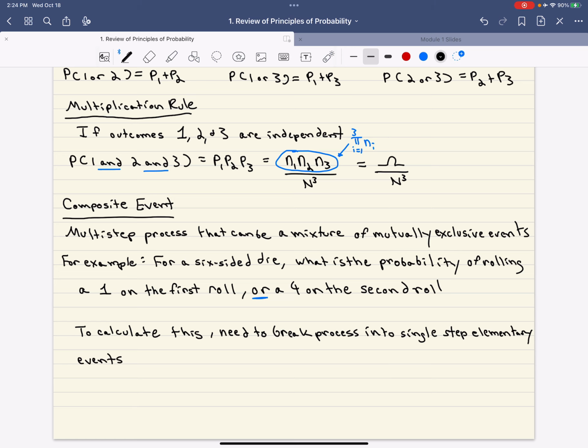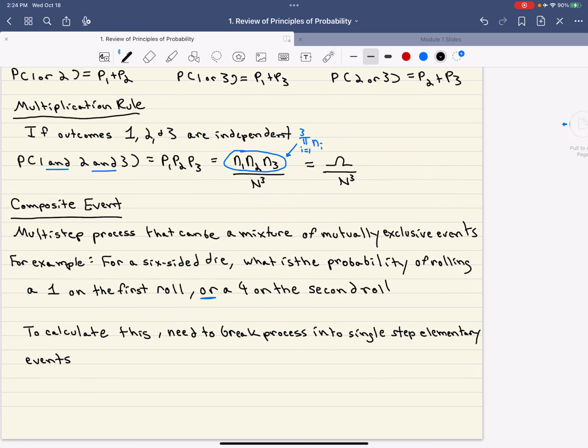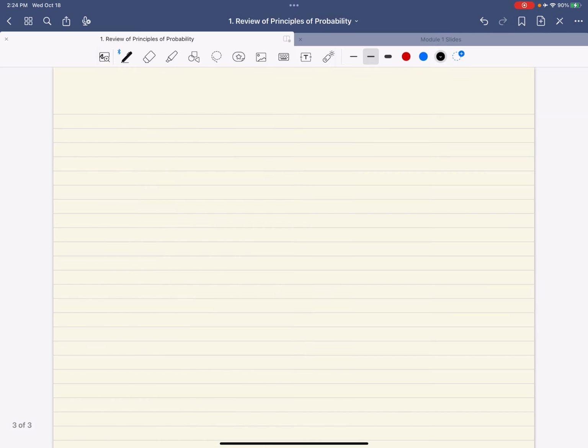Okay? Alright, and so the way we could think of it is like this. The probability we want to calculate is whether we get a 1 on our first roll or a 4 on our second.